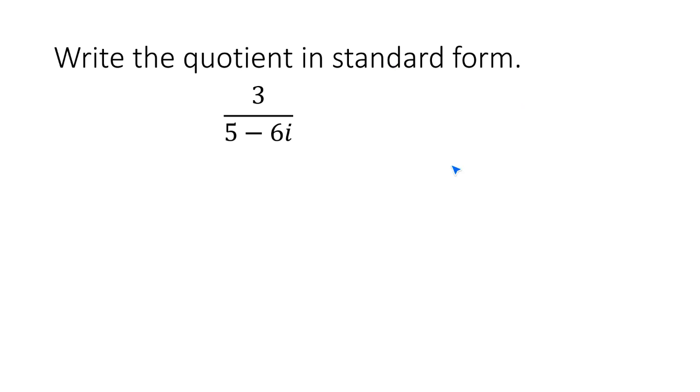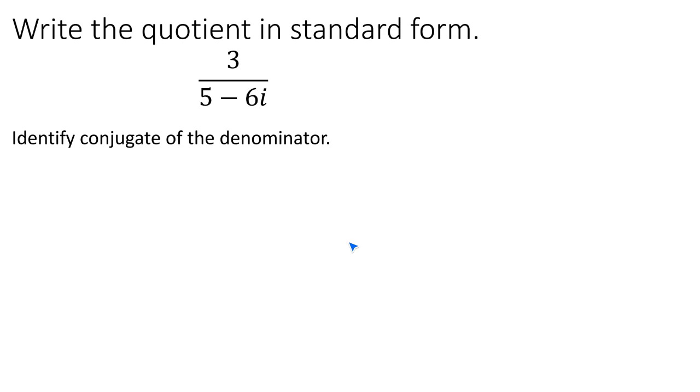Now for the quotient, we have 3 divided by 5 minus 6i. In order to write this in standard form, we're going to have to multiply by something called the conjugate. So we're going to identify the conjugate from the denominator. The conjugate is just going to be the same terms, but we change the operation.